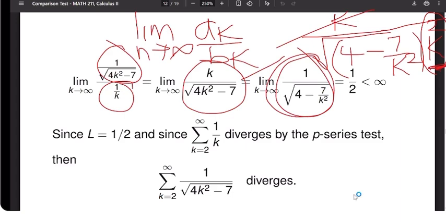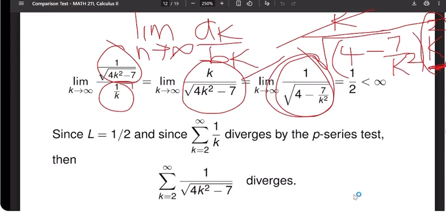According to the limit comparison test, when the limit of the ratio of a_k to b_k is positive and less than infinity, please pay attention, what that means is that either they both converge or they both diverge.